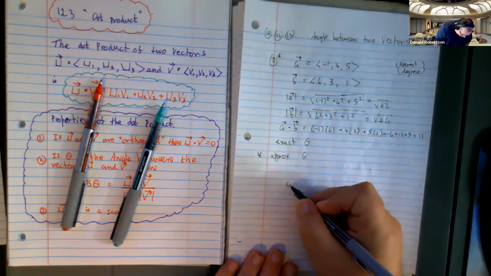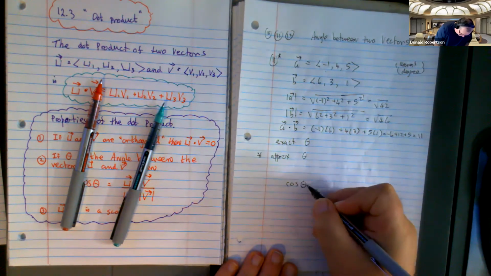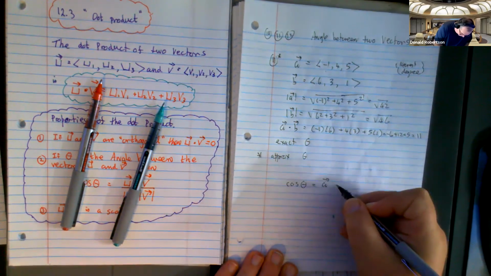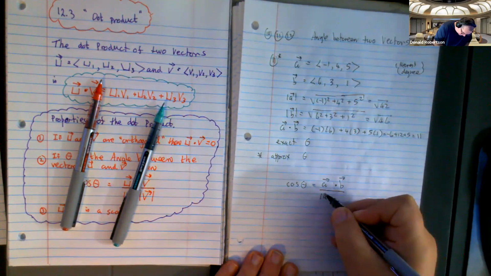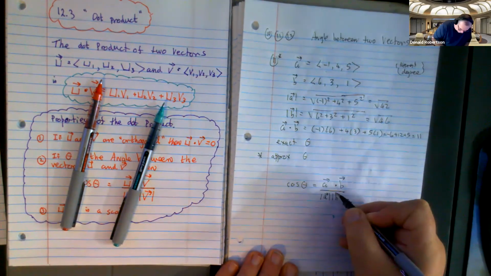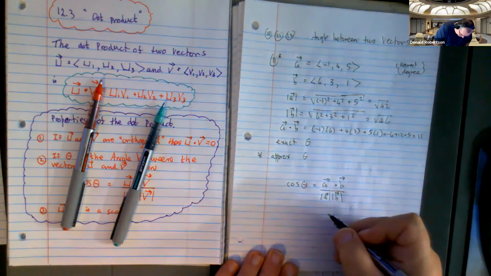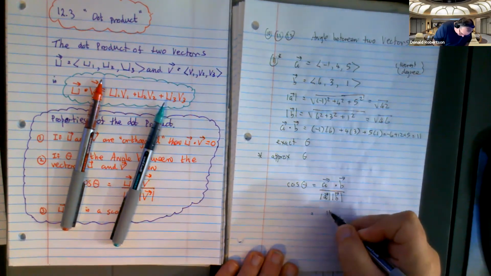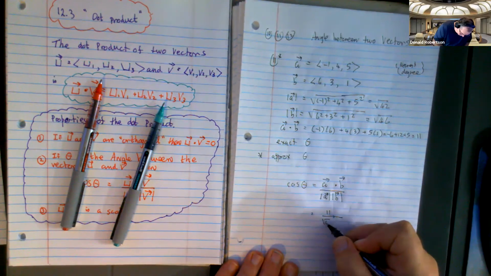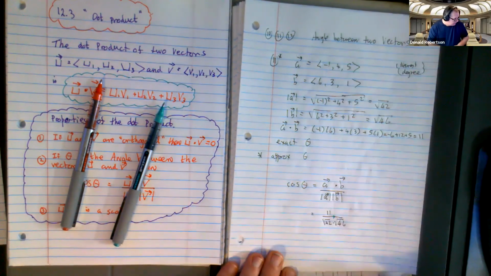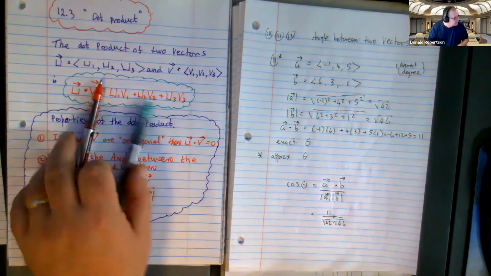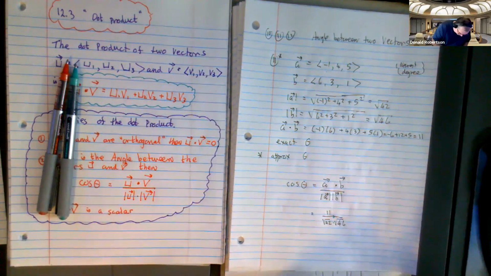So the cosine of theta is the dot product divided by the magnitude of A times B. It's going to be 11 divided by the square root of 42 times 46. Ugh, that's ugly.